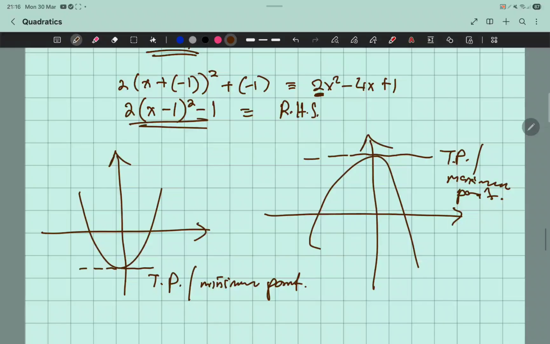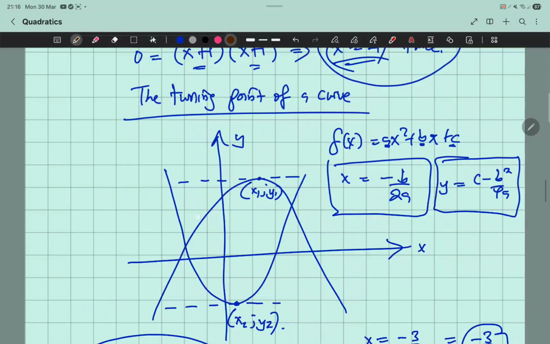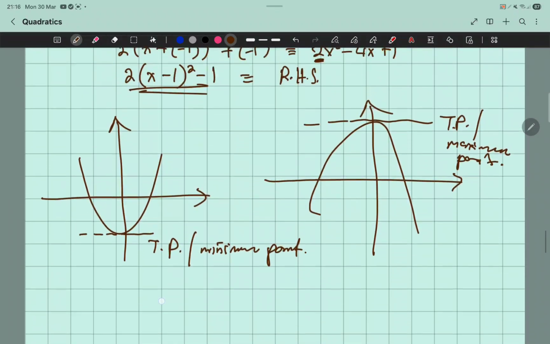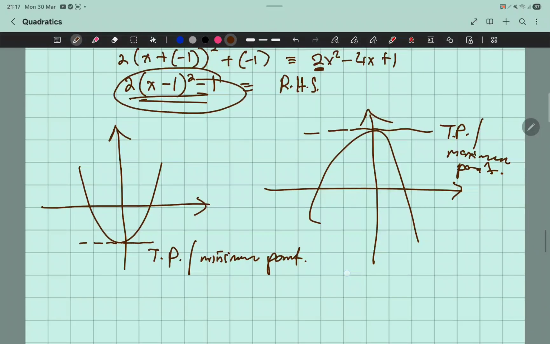So to find the coordinates of the turning point, we have the formula I gave you, which is this. However, there is a simpler method you can use. Since we have this converted form of the function, you can simply take the coordinates of the turning point this way. For the x coordinate, you take what is in the brackets and set it equal to 0.